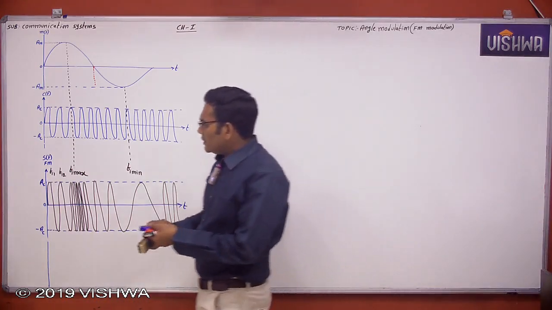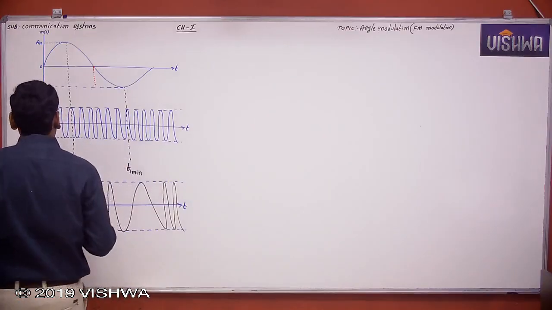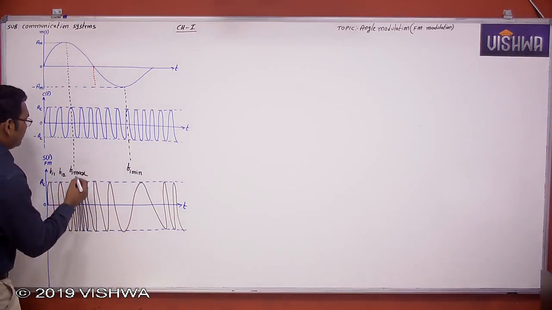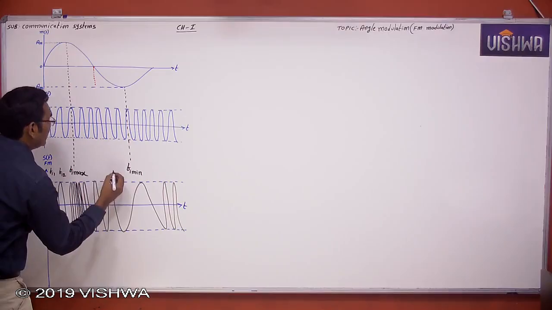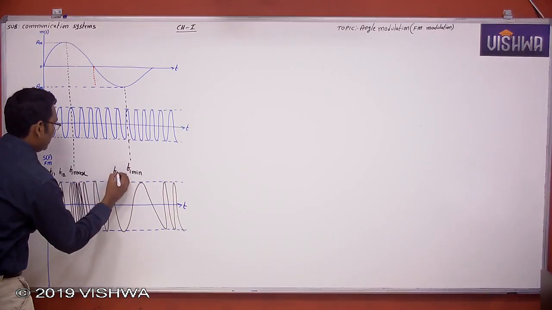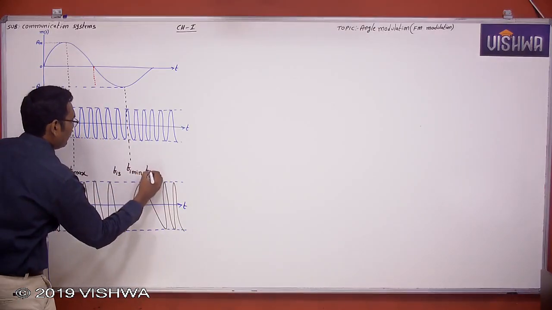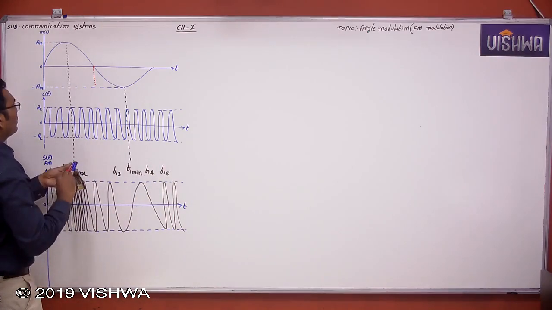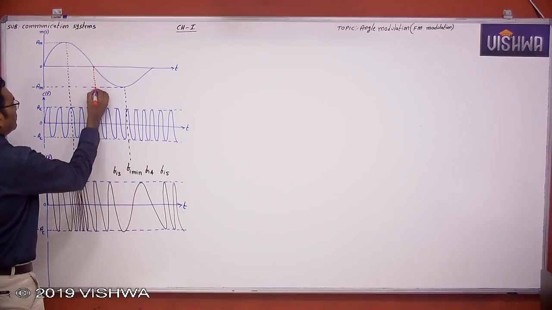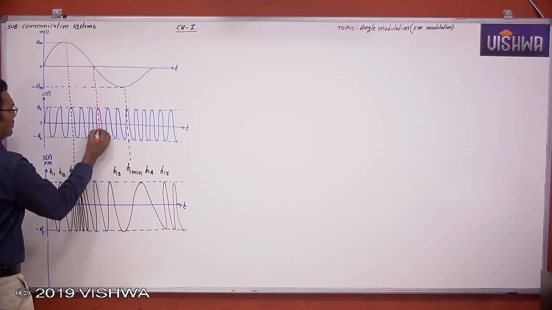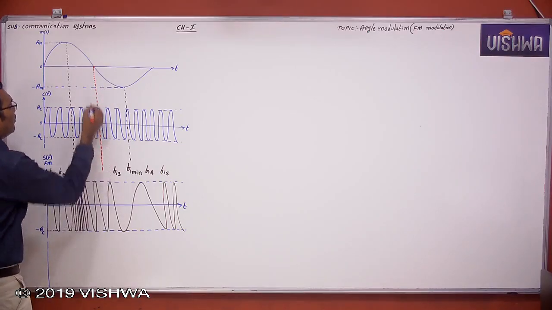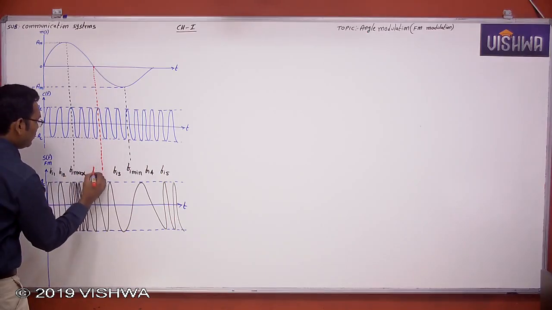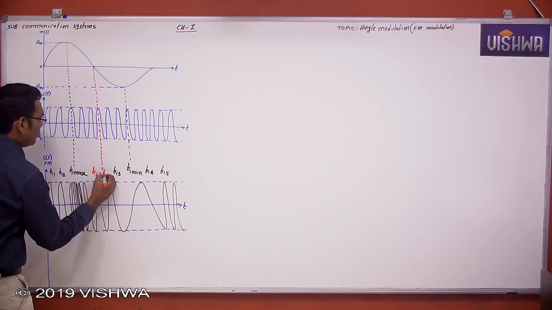Okay, now this is the instantaneous frequency of the carrier after FM modulation. This is the instantaneous frequency of the carrier Fi3, Fi4, Fi5 and so on. Now here message signal amplitude is 0, so Fi is equal to Fc.